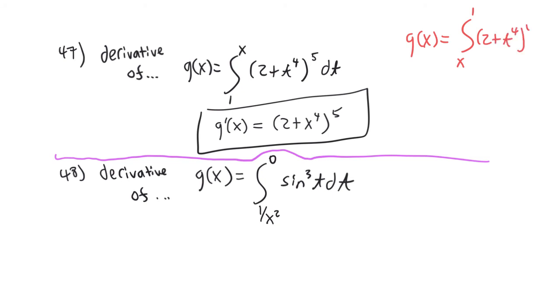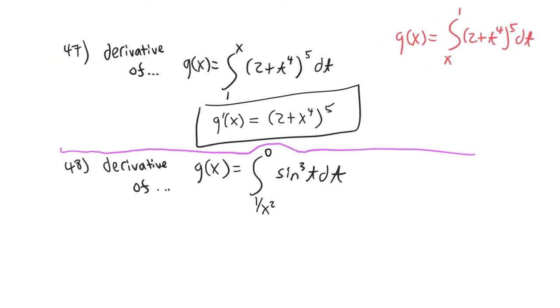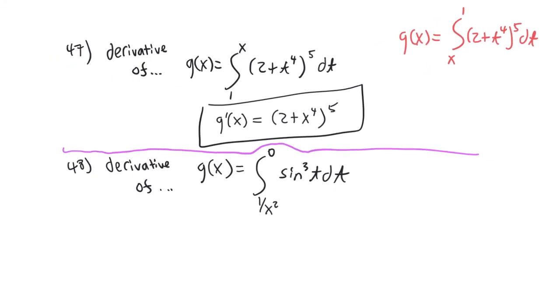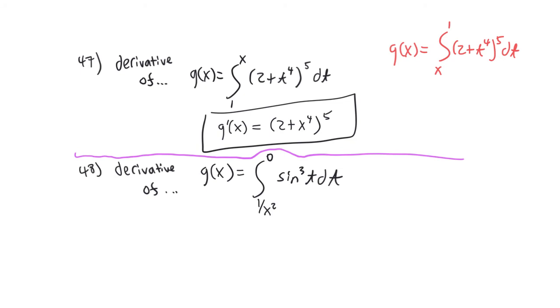Well, the good news is it would be a very similar situation, except you'd have to flip these first. You'd have to make it look like this. But in order to flip them, you have to put a negative in front. Okay? So you could flip it, but you just got to put that negative in front. Everything else would stay the same.